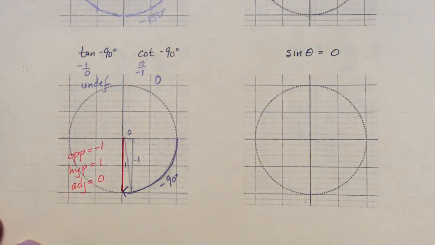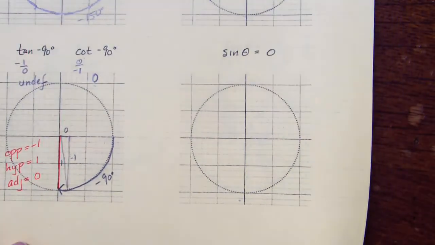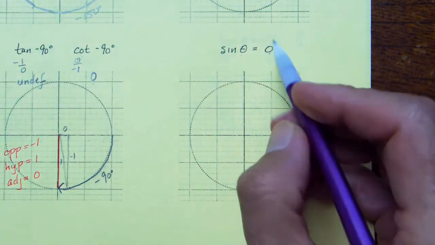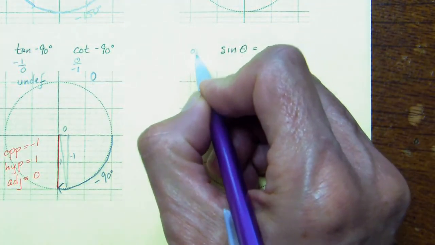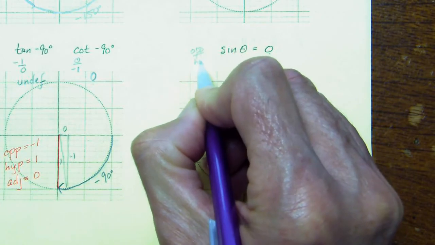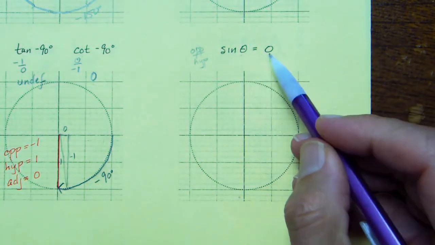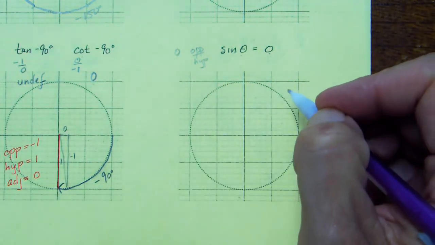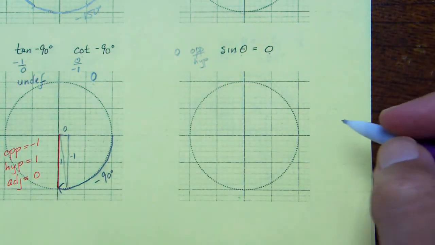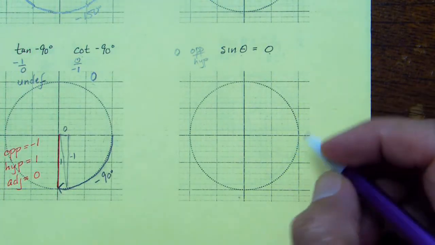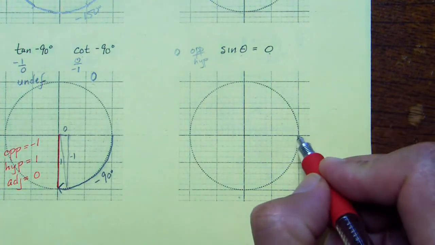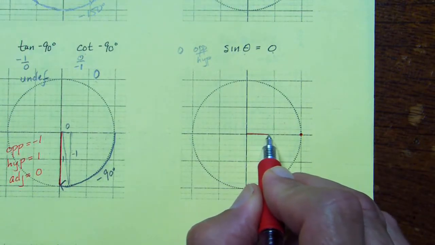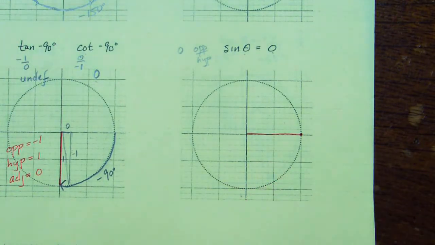Let's take one more example. Let's say the sine of a rotation is 0. So now sine is, again, the opposite over the hypotenuse. And if I want it to be 0, I need the numerator to be a 0. So I need to think about where the opposite, where the vertical is 0. And with a little bit of thought, you realize, okay, so wait a minute, right here. At 0 degrees, okay, I have no height.